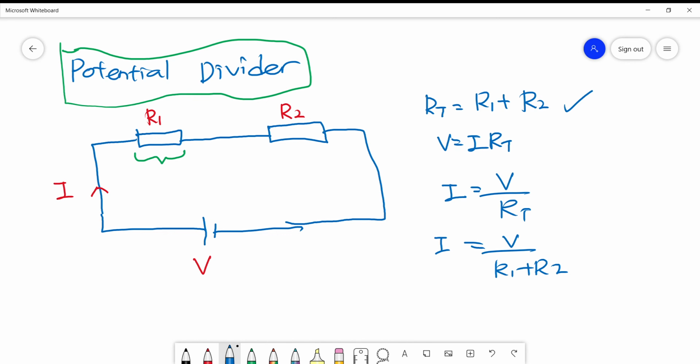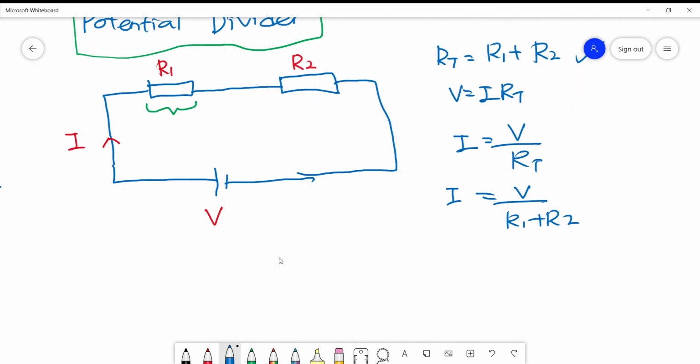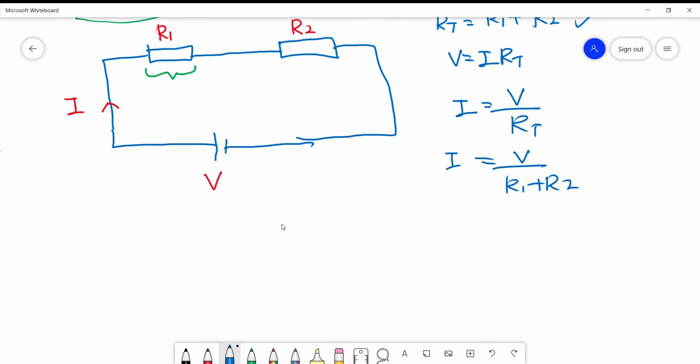Okay, so in order to find out the potential difference across the first resistor, what we need to do is use the formula of Ohm's law. Ohm's law states that V equals IR. So this R is no longer RT but R1. So I write this one as R1. Since my I is V over R1 plus R2, I just substitute this formula.